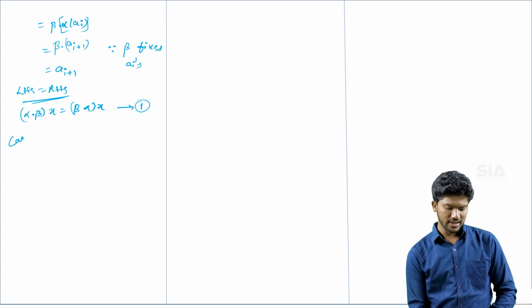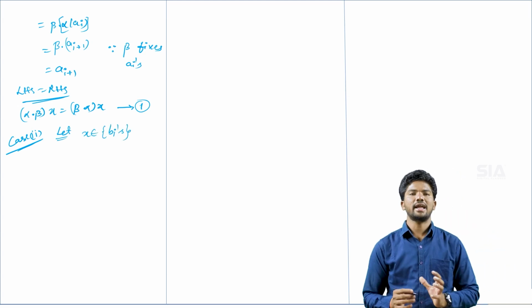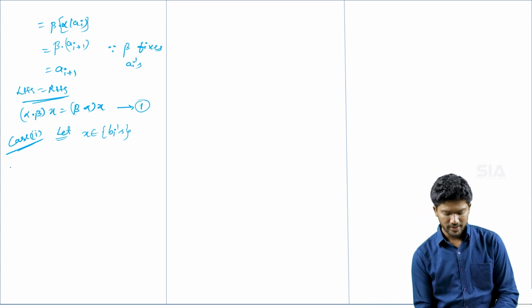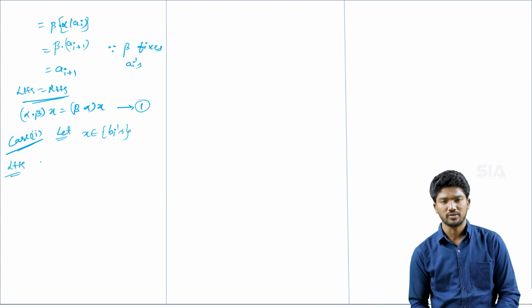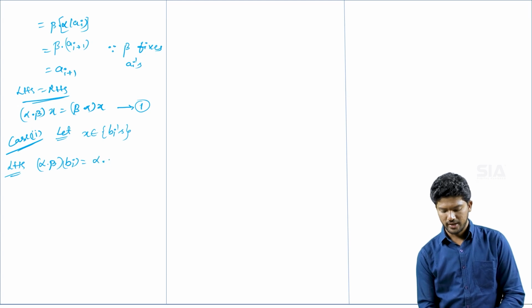Now you can go to case 2. In case 2, I am taking small x belongs to b suffix i's, b1, b2 up to some b suffix n. Now LHS. From equation star you can write the LHS, alpha into beta of b suffix i, is equal to alpha into beta of b suffix i.